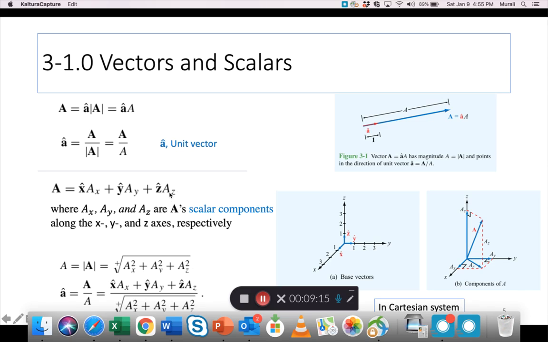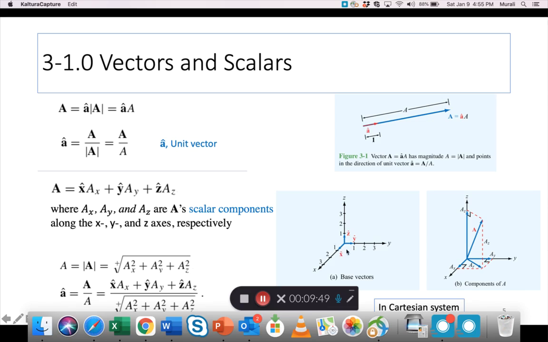Ax, Ay, Az are called the scalar components along the x, y, and z axis respectively, and you can see in the figure how Ax, Ay, and Az are shown for A, which is the vector here, right? The vector A starts at the origin O and it goes to a certain point, and this is how it's represented in 3-dimensional form. The base vectors, also known as the unit vectors, are shown just like A is shown here.